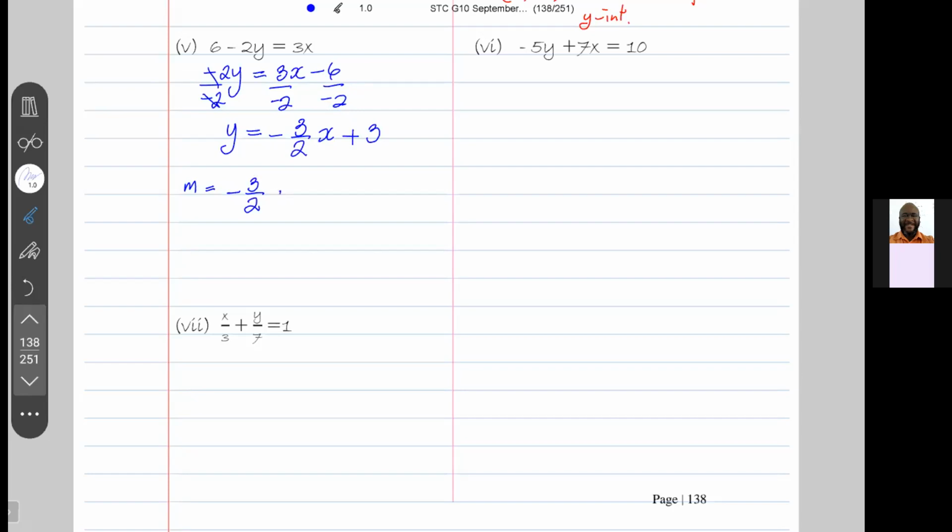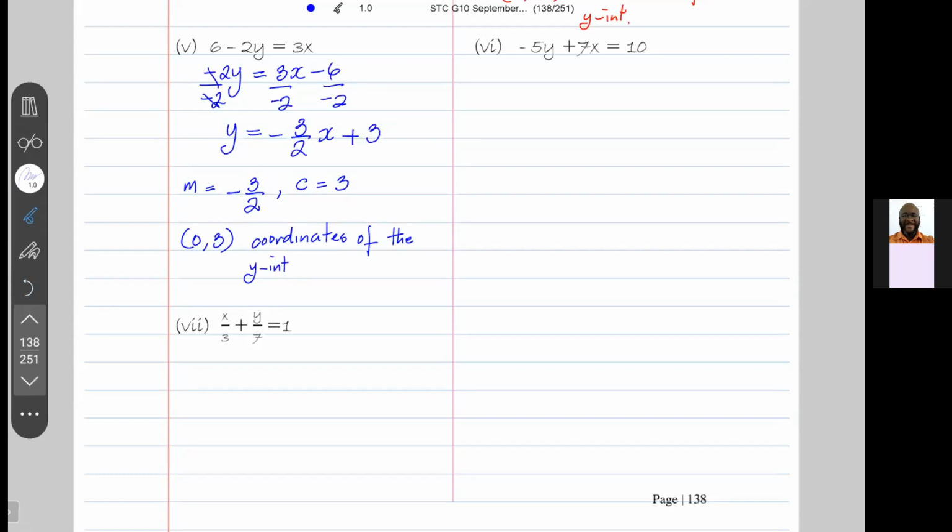The y-intercept, c, is equal to 3, and (0, 3) are the coordinates of the y-intercept.